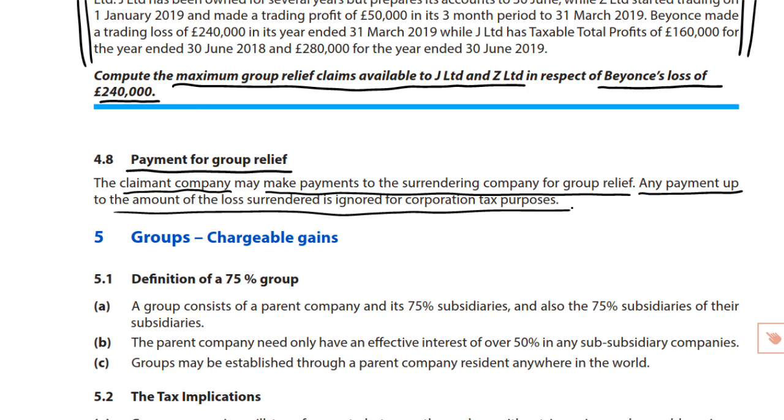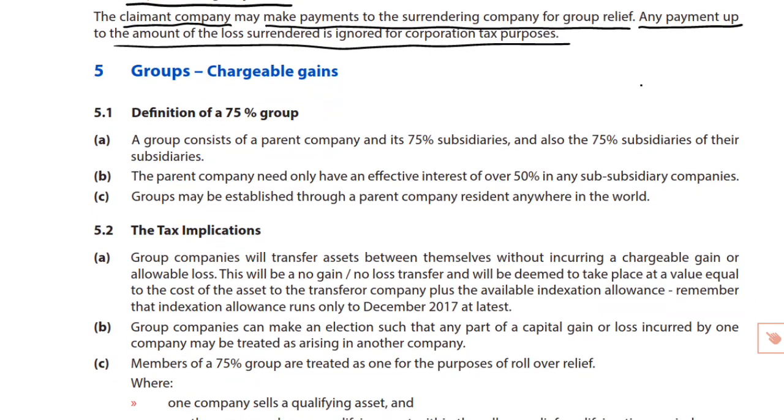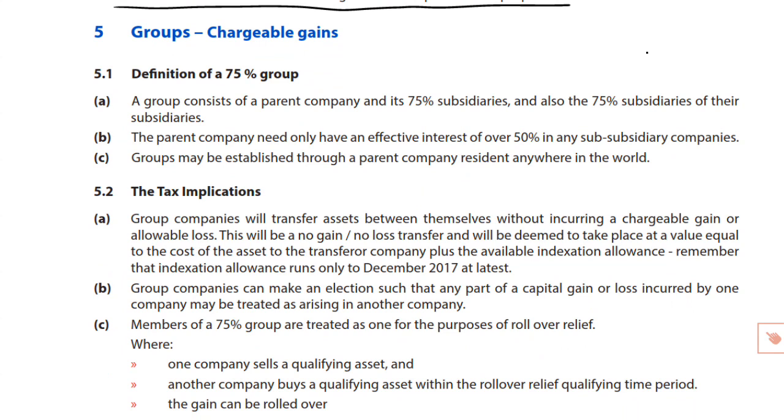Now that leaves us with one further important area to deal with, still in the realm of 75% groups, and it's to deal with chargeable gains that arise within 75% groups.